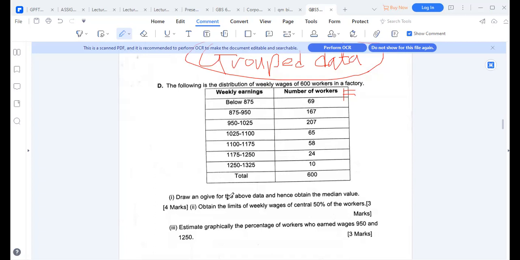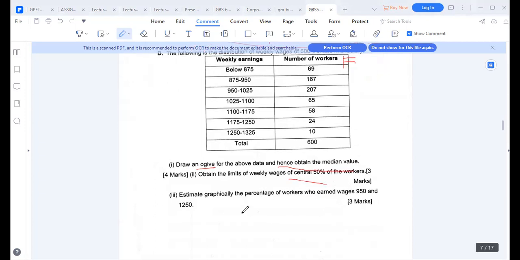Draw the OGIVE for the above data, obtain the median value, obtain the limits of the weekly wages of the central 50% of the workers, and then estimate graphically the percentage of workers who earned wages between 950 and 1250.